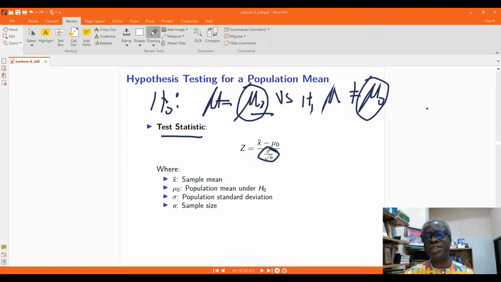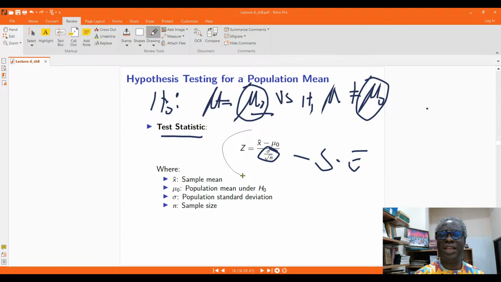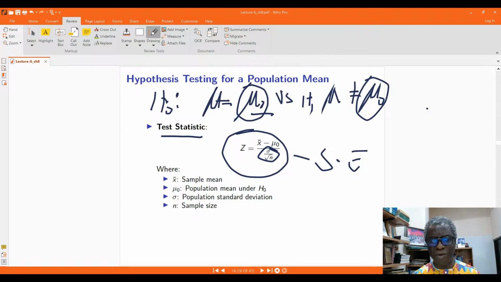So the expression sigma over root n is the standard error. So this formula is used for testing a population mean.